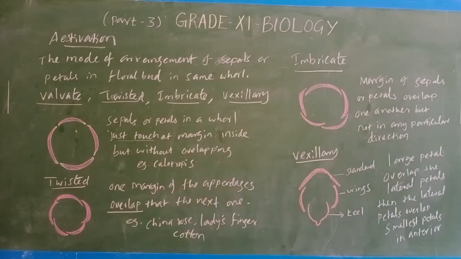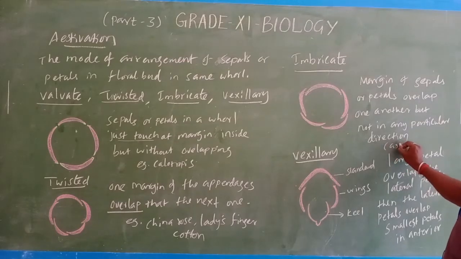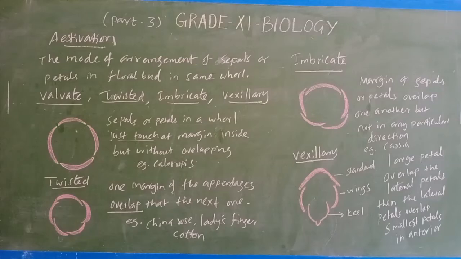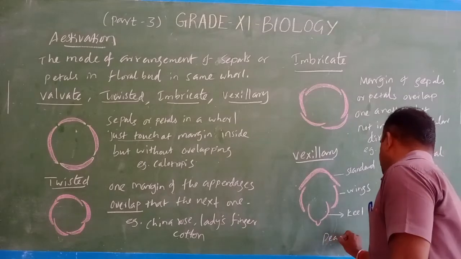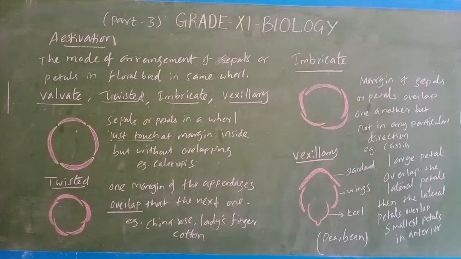This is called vexillary. For the imbricate, cassia is the example, and for the vexillary, the example is pea and bean. These are all examples for vexillary aestivation.